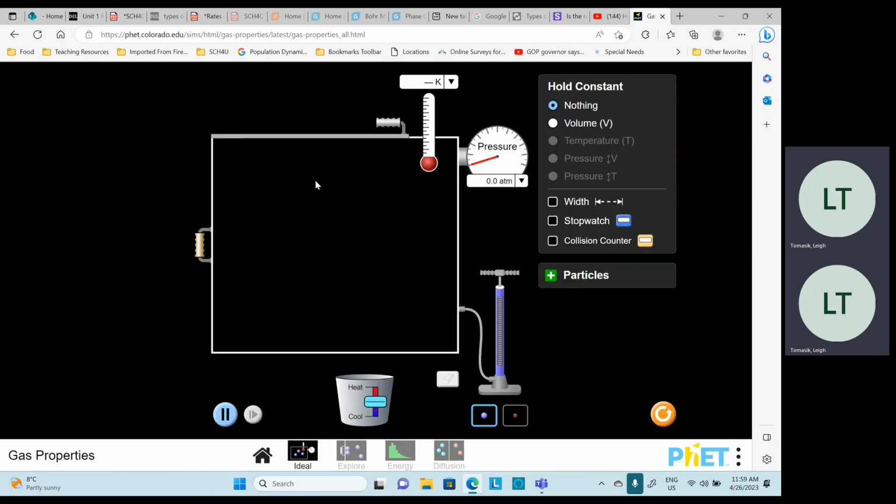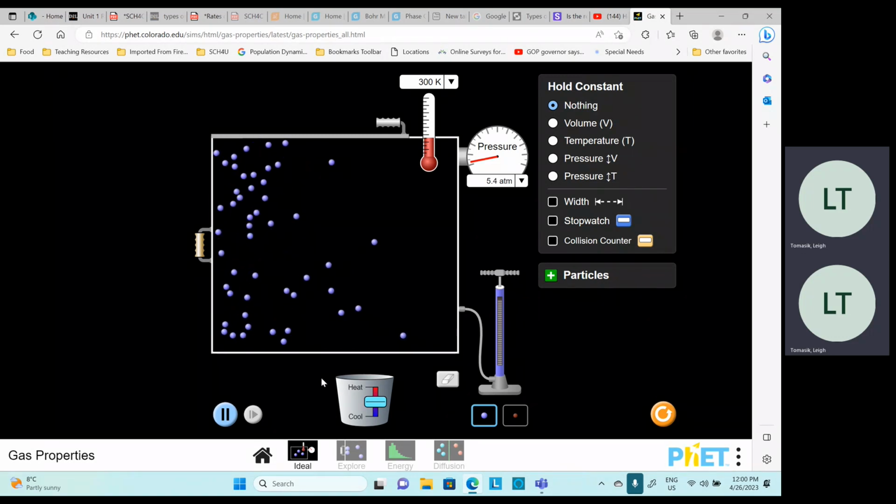We're going to pretend this is actually a gas simulator. It's not a solution simulator. Okay, but you get the same idea. So this black space is water. And I'm going to put one pump of particles in it, right? So I would call this a low concentration.